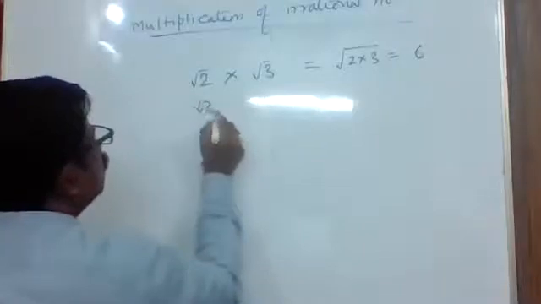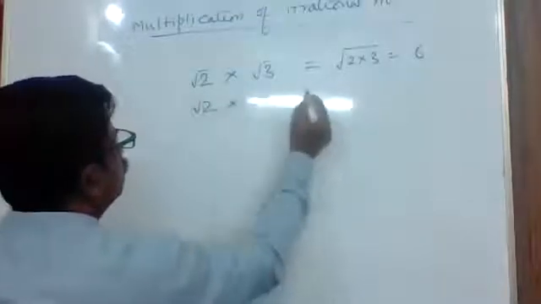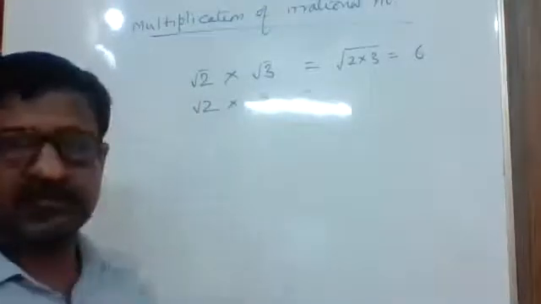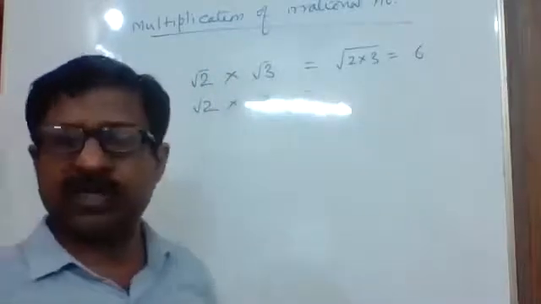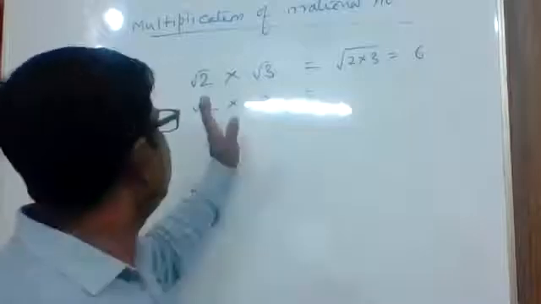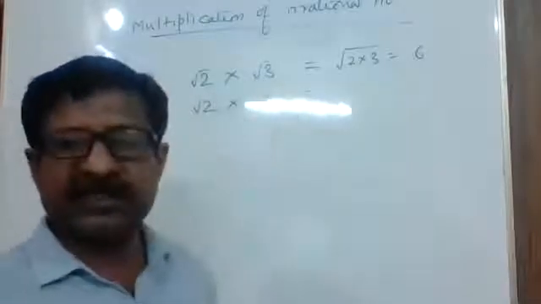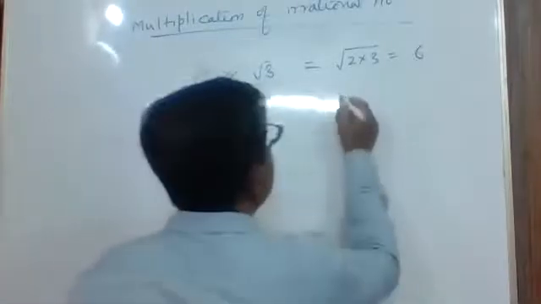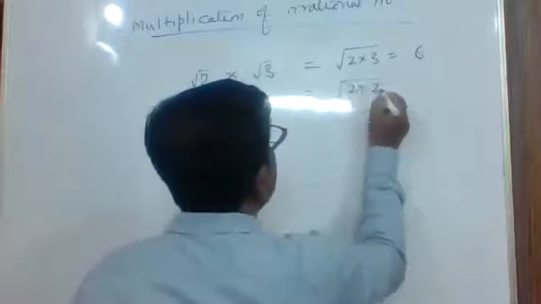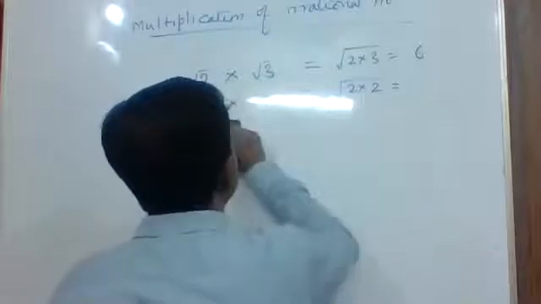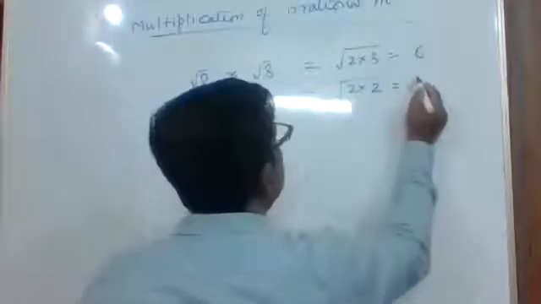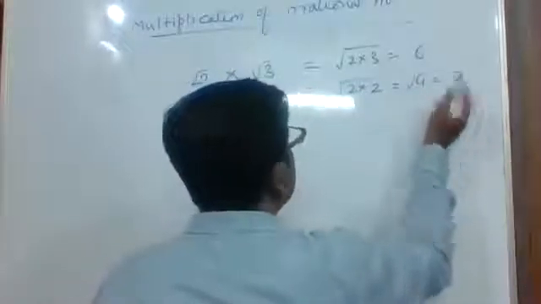Now if I take root 2 into root 2. First I had taken root 2 into root 3. Directly I multiplied 2 into 3 and we got 6. But if you are multiplying root 2 into root 2, the number is the same. The procedure is the same. We multiply 2 into 2 because inside the radical sign we got 2 as well as 2. 2 into 2 becomes 4 and the value of root 4 is 2.